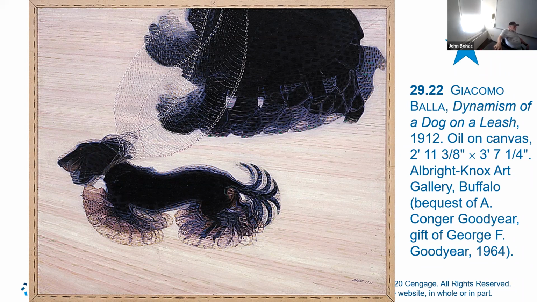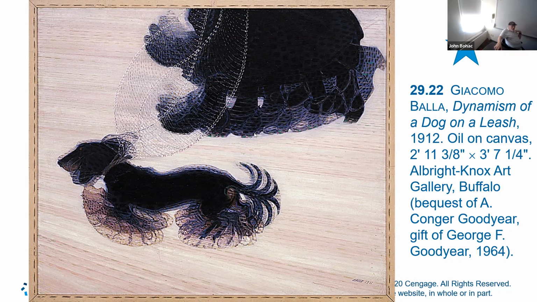And futurists kind of picked up on that idea, and they wanted to use some of that logic anyway, to portray movement. And this one's kind of an iconic futurist painting, Dynamism of a Dog on a Leash, 1912, Giacomo Balla.